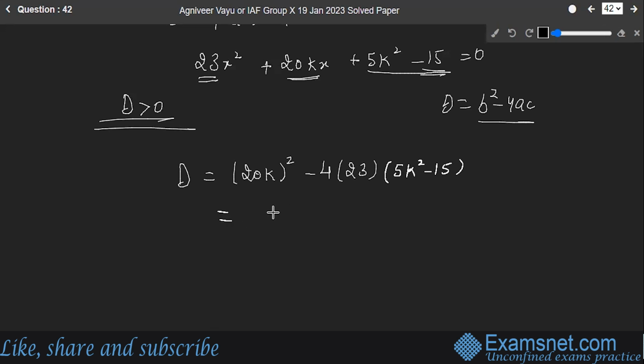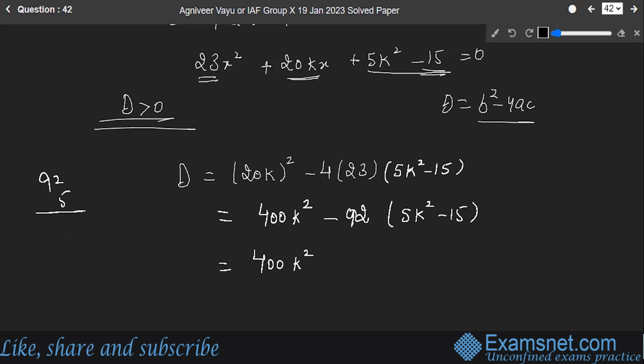So this makes it 400k squared minus 4 into 23, which is 92, into (5k squared minus 15). And this will be equal to 400k squared minus 92 fives, this is 460k squared, plus 1380.